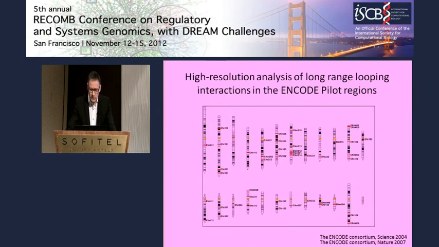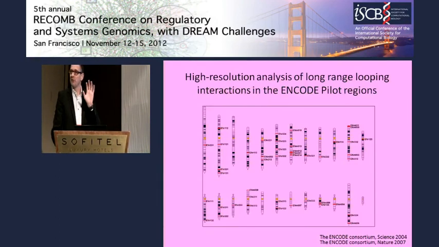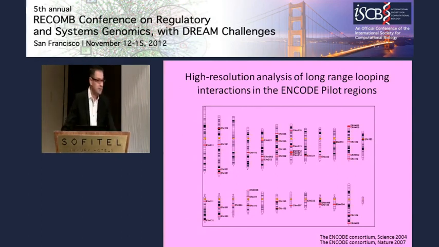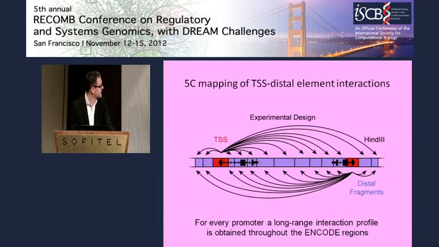So we decided to look not at the whole human genome, but again using the 5C method to look at very high resolution structures in the ENCODE pilot project regions, which were picked a number of years ago. These are 44 different regions scattered throughout the genome, in total covering about 30 megabase. Now we changed the 5C mapping a little bit to specifically look at long-range gene regulatory interactions.